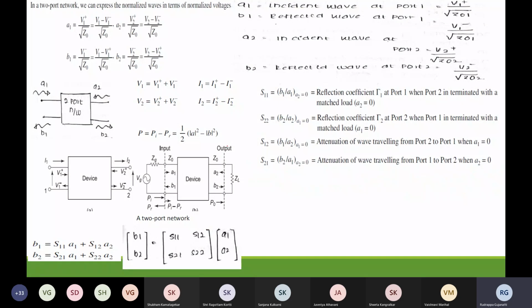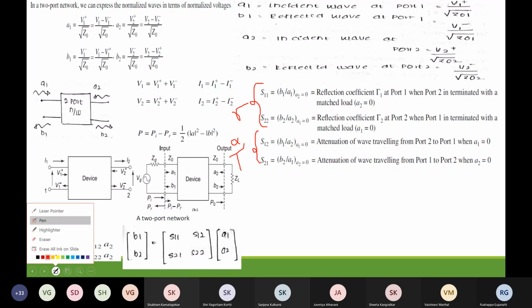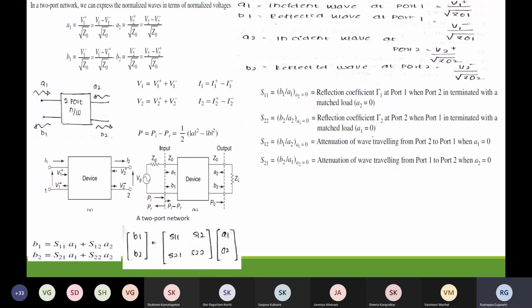So S11 and S21 give you the reflection coefficient. This one gives you the attenuation information, and we also specify that it gives you the transmission coefficient information for the given microwave network. So this is what we have for the S-matrix representation for a two-port network.